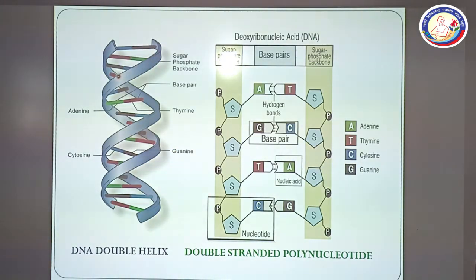This blue colored structure is showing the backbone. A double stranded polynucleotide is given here. You can see the nucleotides: cytosine, thymine, guanine, adenine. It is bonded to this one and it is anti-parallel. This is the upright pentagon, and this is the downward pentagon.